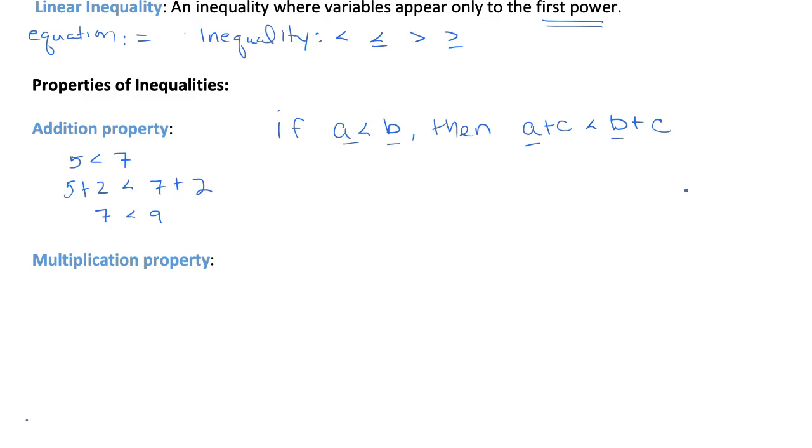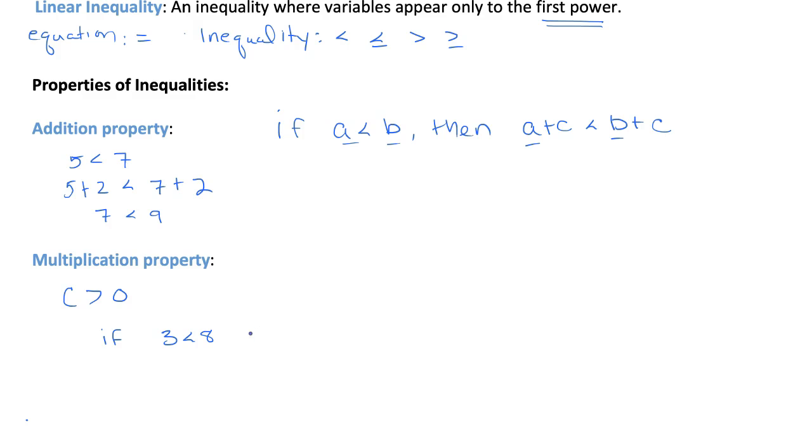The multiplication property is a little bit more complicated because we've got two different situations. One is if C is less than 0, and one is if it's greater than 0, in other words, if it is negative. So for C greater than 0, I'll give you an example: say 3 is less than 8, and we're going to multiply both sides by 2.